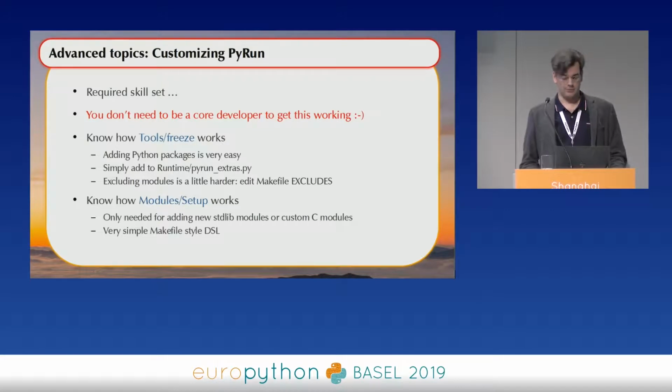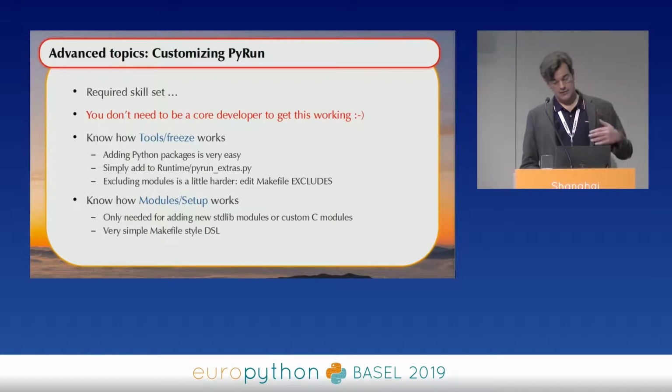So let's say you have a Python package that has test modules, and you don't want to ship the test modules together with your product. Then you typically want to exclude that. And in order to exclude things, you actually have to go into the makefile and then into the excludes variable and put whatever you want to exclude. Let's say your test sub-package, you exclude that so it doesn't get integrated into the package.